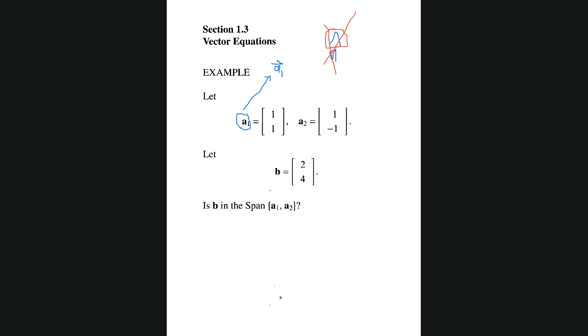So in your notes, when you write vector A1 equals 1, 1, use the arrow notation. Please use the arrow notation. Okay, and I'll let you copy that down.